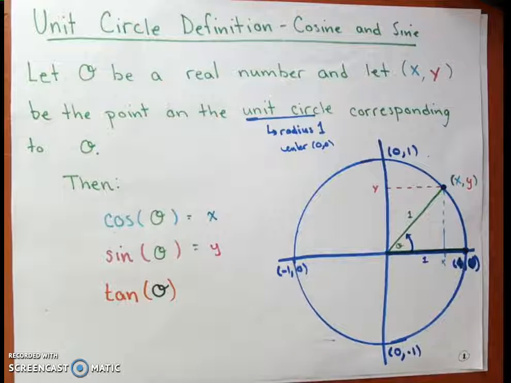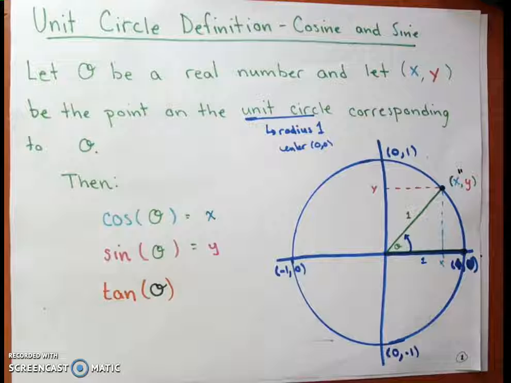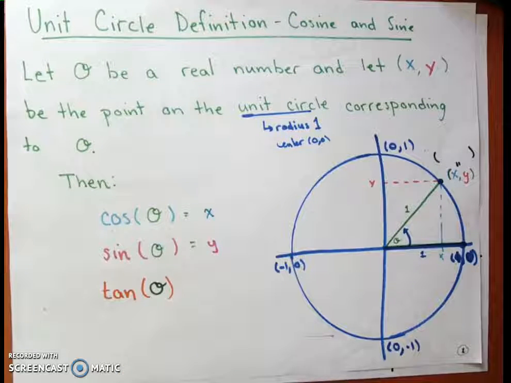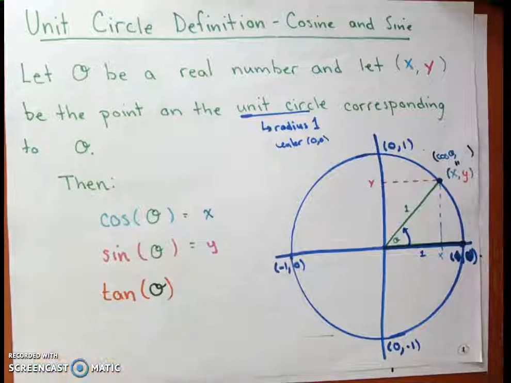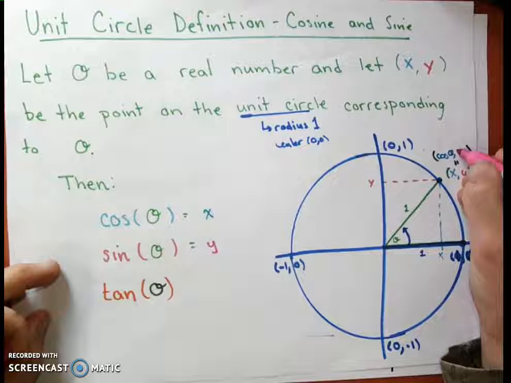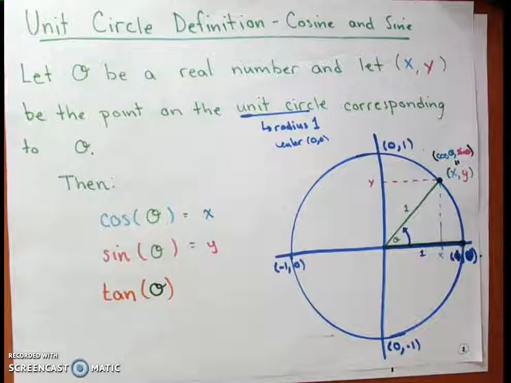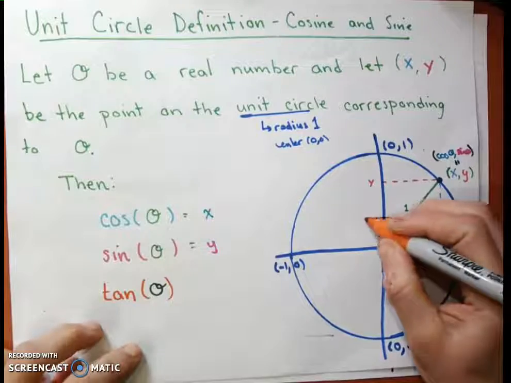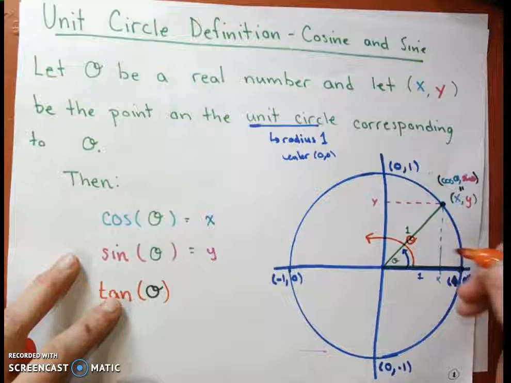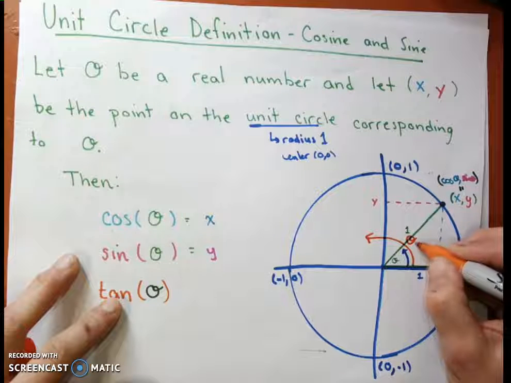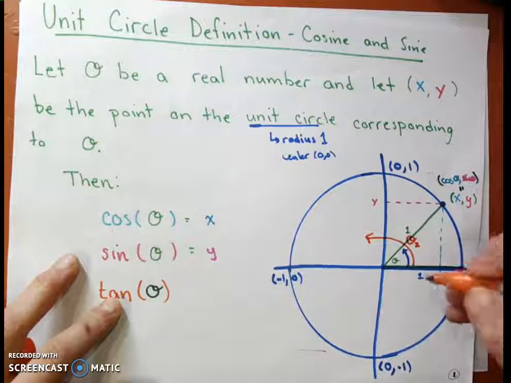So another way that you can think about this set of coordinates is just cosine theta, comma, sine theta. So if I picked a different theta, maybe I have an obtuse one now. So I go a new, let's call this one theta 2 to represent that it's a different angle.